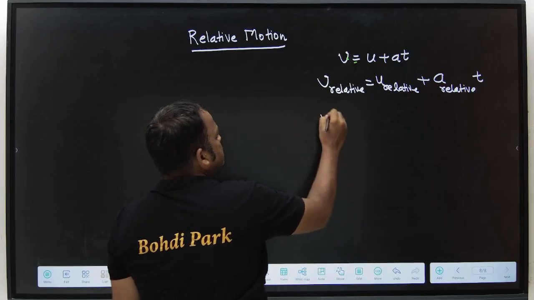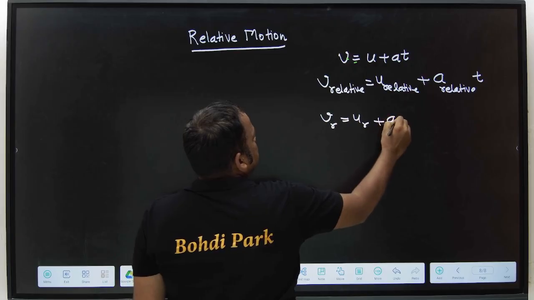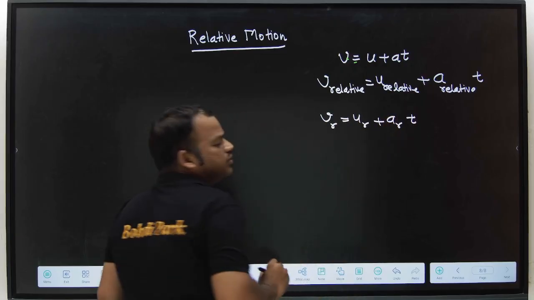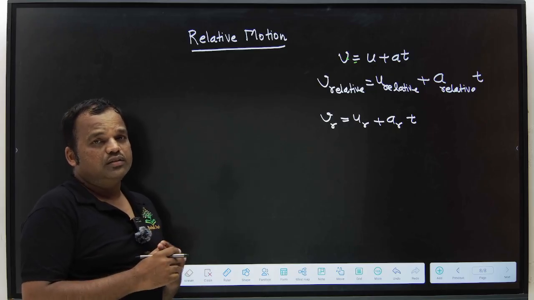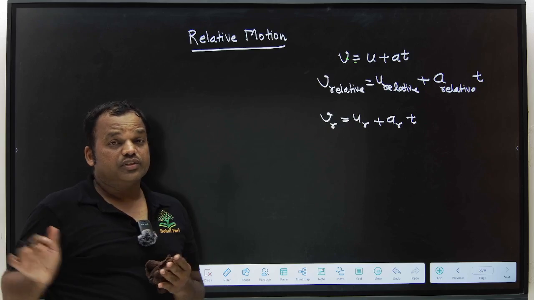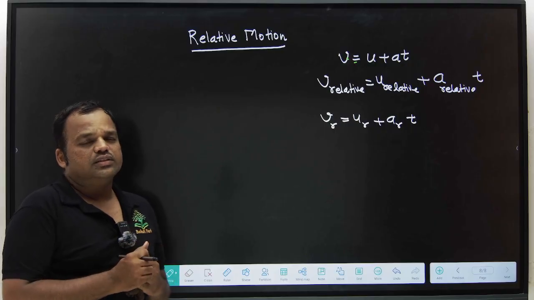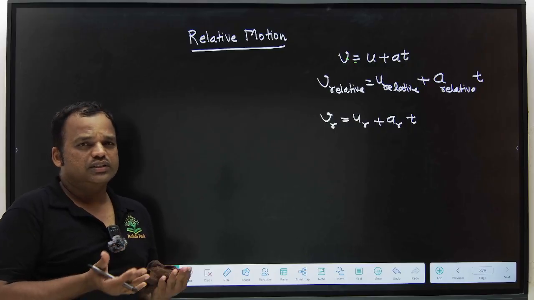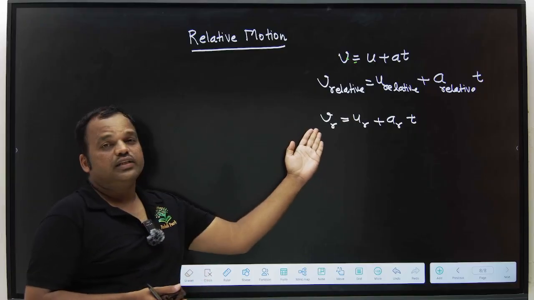So in short, we can say v relative is equal to u relative plus a relative into t. So when we have two cars in a question, or one is a car and another is a motorcycle, they have different accelerations, they have different velocities. Then we have to find what is the relative velocity after some time.